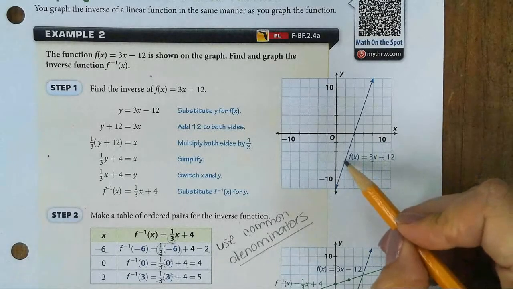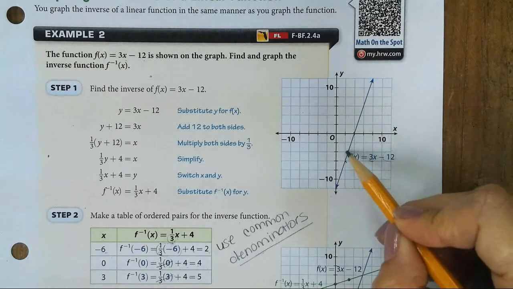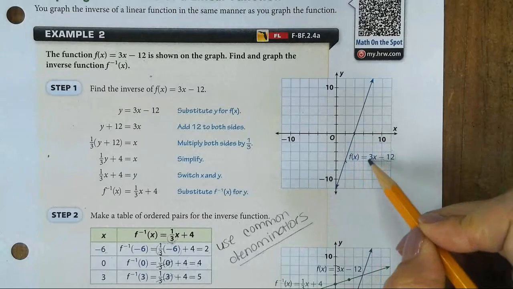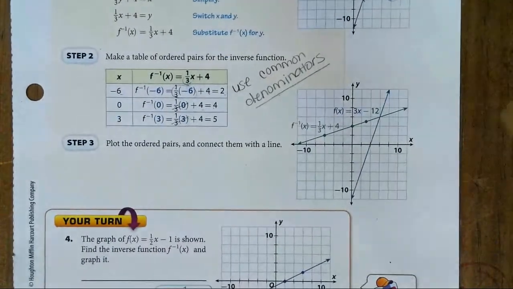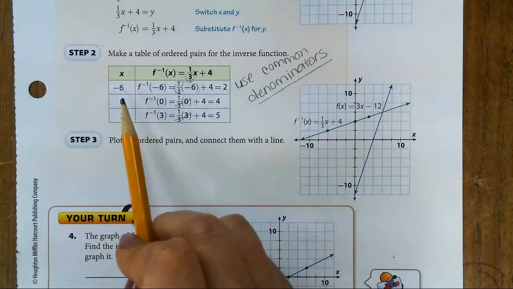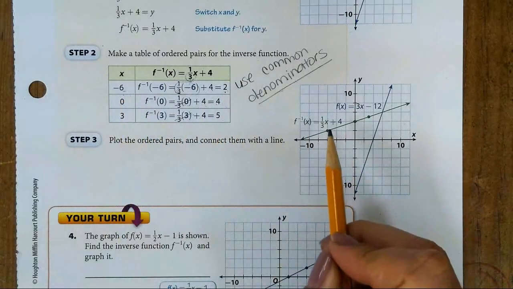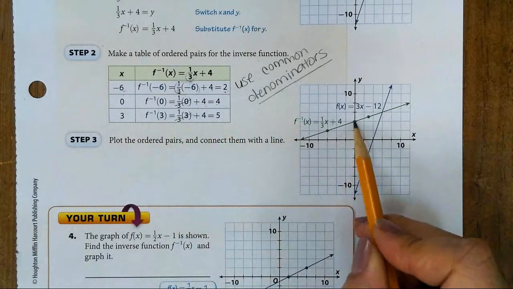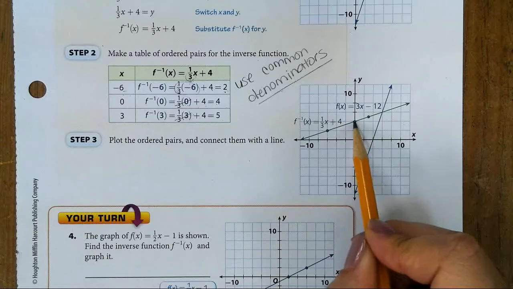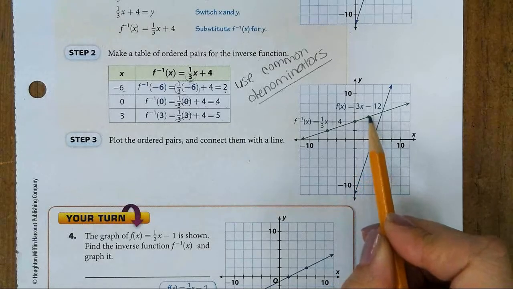So if you used this point and this point here just to verify, you have to go up 3 and to the right 1. Okay, so that's this line here. Now when you go to graph this line, you go -6 and 2, so that's going to be over here, and then you have 0 and +4, and then you have 3 and +5. So your 3 is going to be somewhere here in the middle and around over here.